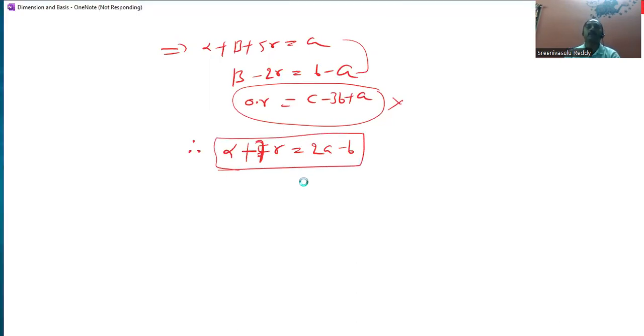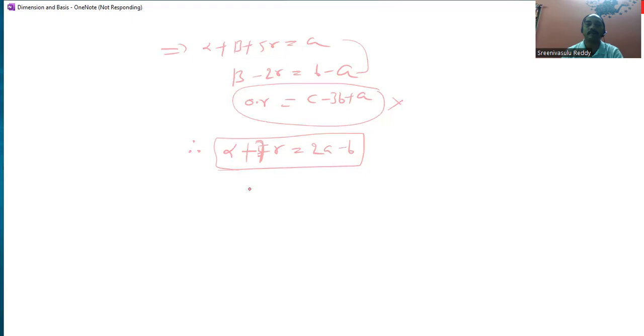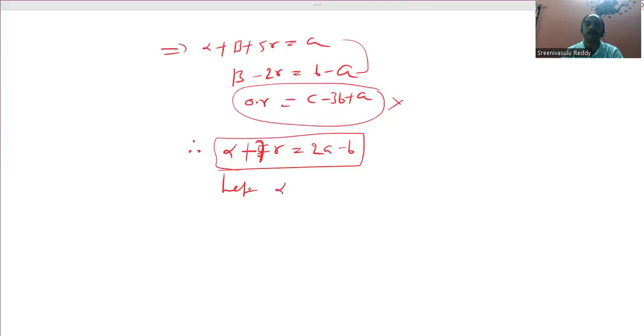What about the gamma value? What about the alpha value? If you take any gamma value, we get the alpha value. Let gamma equal to 1. Then alpha equals 2A minus B plus 7.